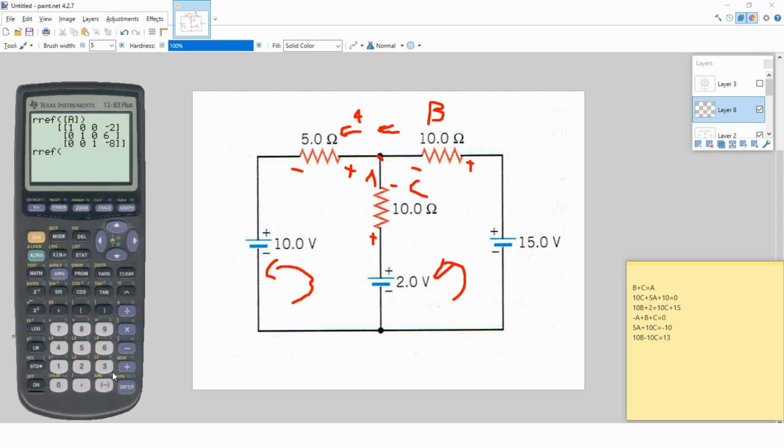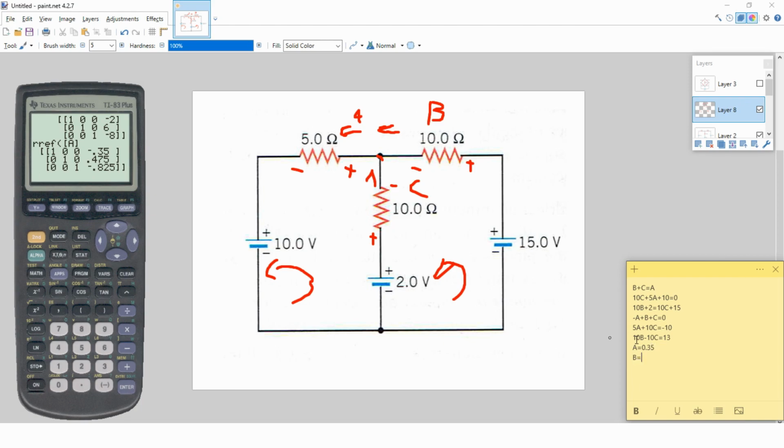Gonna press alpha B. Second matrix. 1. And we have our current values. Again, 143. I think this is a new record, but we have our values. A is equal to 0.35, not negative 0.35.